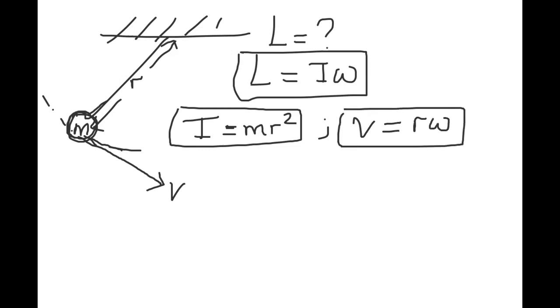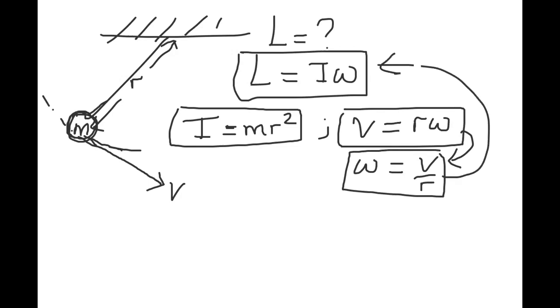Therefore, we can say that omega is equal to velocity over radius. So I rewrite this equation to isolate omega, V over R, and I take this and the I into the angular momentum equation.